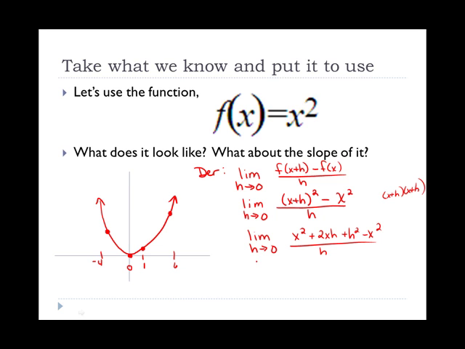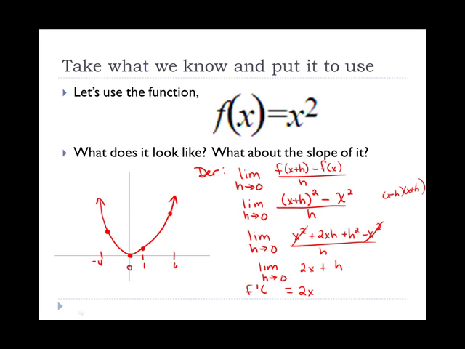And remember, when we're cleaning up, we can divide everything by h. So the limit as h goes to 0 of the x squared subtract, 2xh divided by h is 2x plus h. Now take my limit, and the limit as h goes to 0 is 2x.